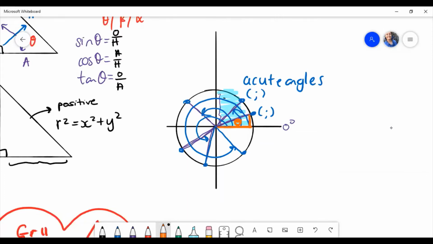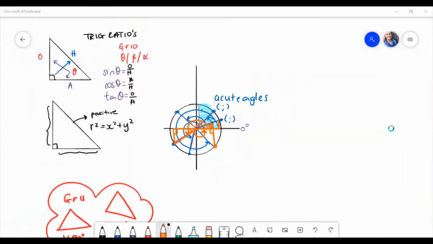And again, whatever this angle is right here would be in relation to these coordinates. So each section that I've indicated here exists within its own relationship of x to y and r.